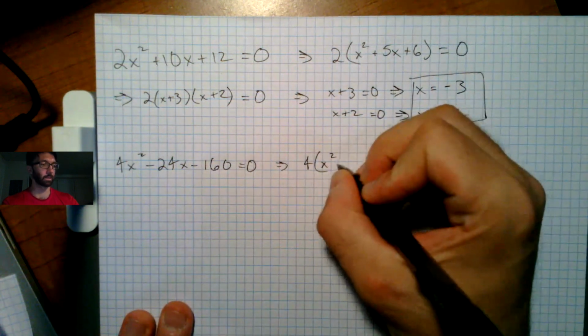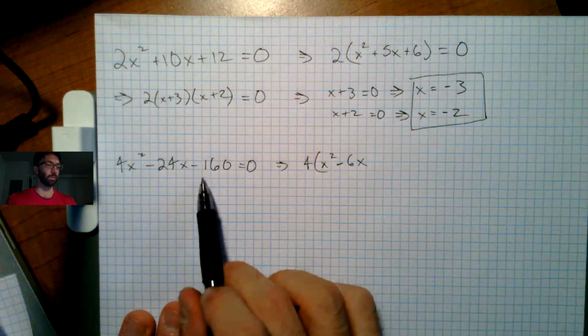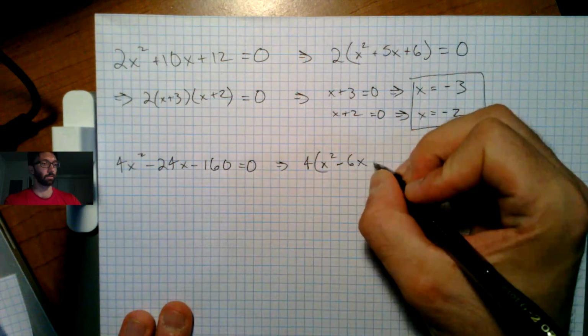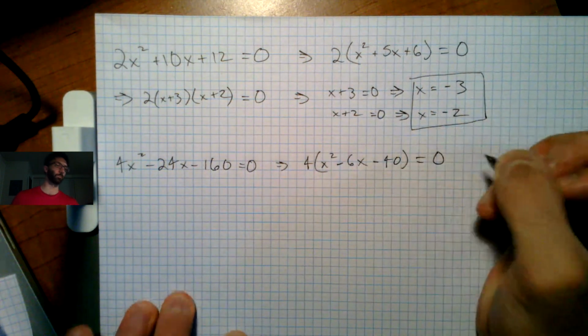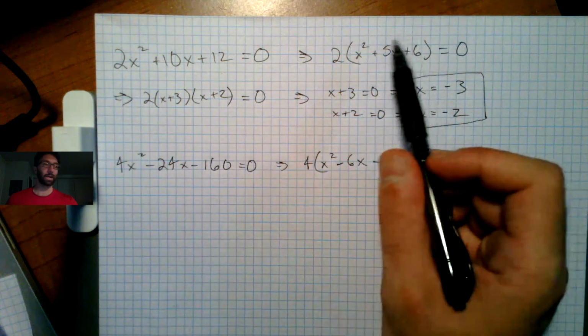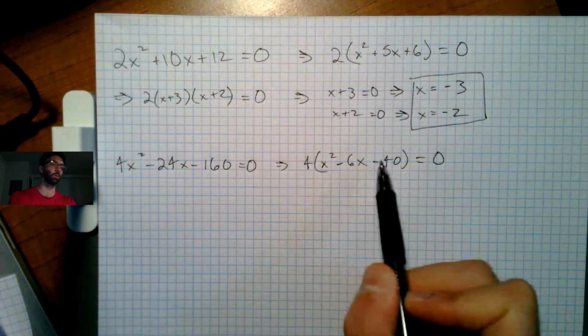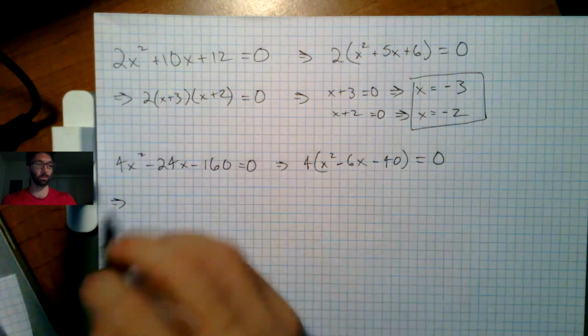That's going to be minus 6x. And then 4 times what will give me my negative 160? That's going to be negative 40. And then just like the last one, this is now conveniently a factorable trinomial. So I'll keep my 4, don't forget about that.